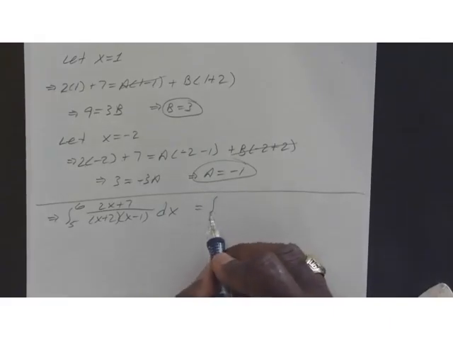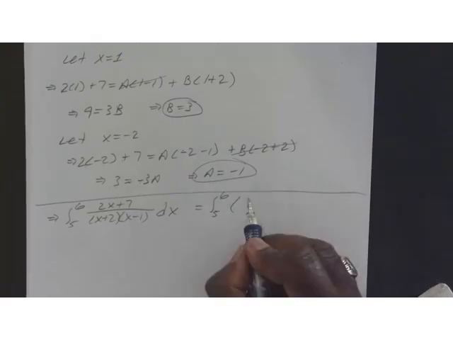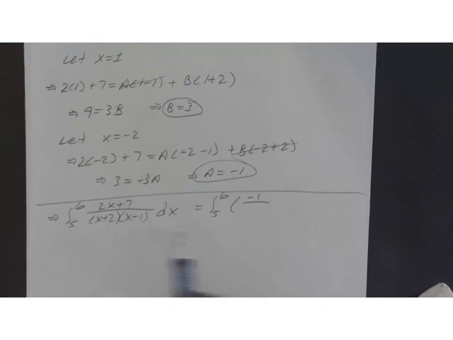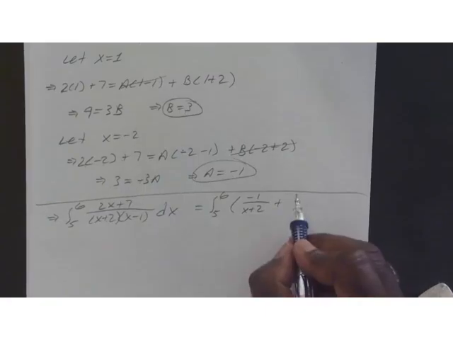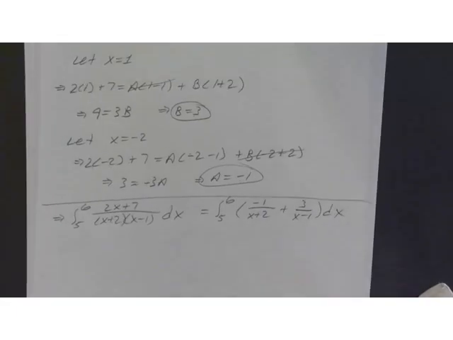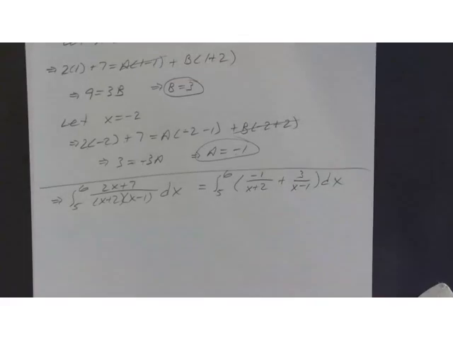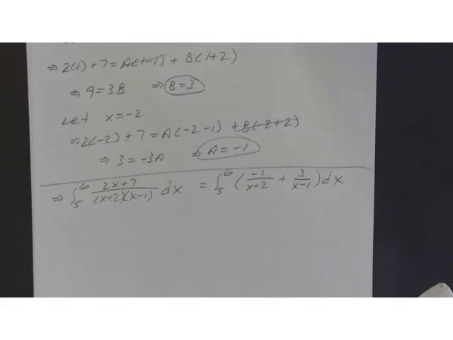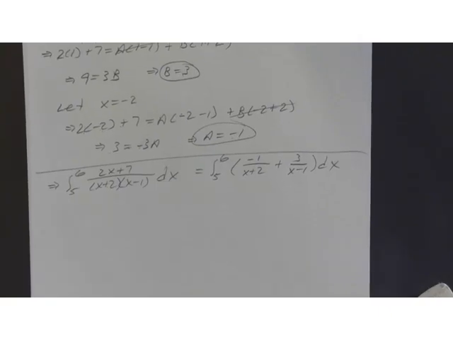We can rewrite that as the integral from 5 to 6 of A, which is negative 1, divided by x plus 2, plus B, which is 3, divided by x minus 1 with respect to x. So again, all we did was take this really complicated function and made it a little less intimidating.